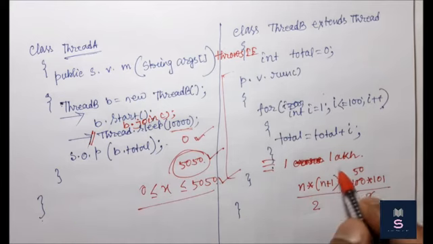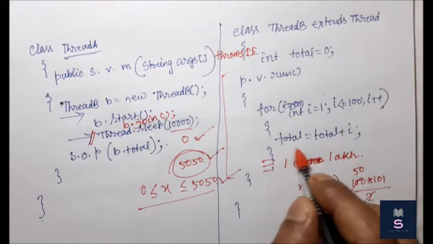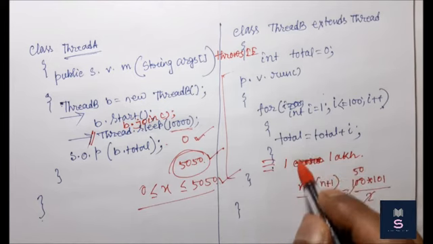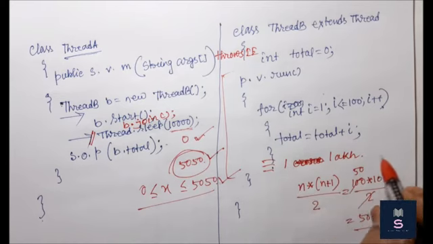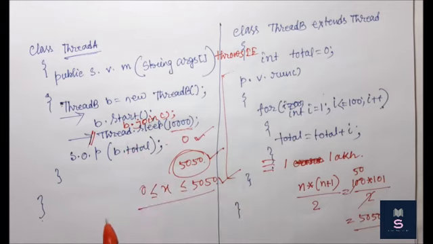So after calculating the total value in this for loop, the 1 lakh lines of code will be executed, and then it will come back to this main thread, then it will print b dot total, and we always get the 5050 output, right.